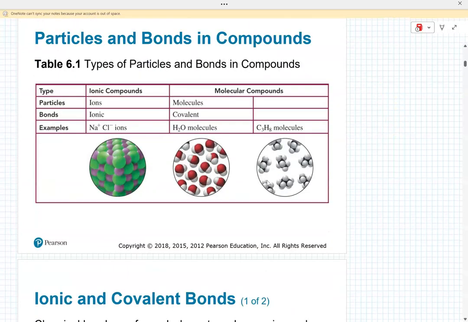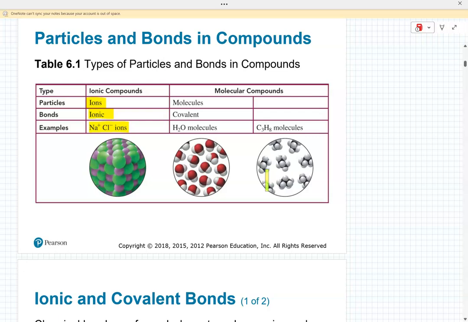So basically, this formation of ions allows elements to form what's called ionic compounds, when positively and negatively charged ions form an ionic bond between them. Am I making sense?